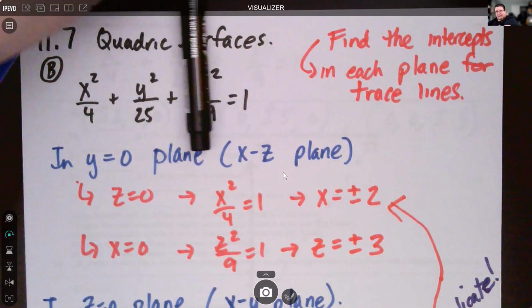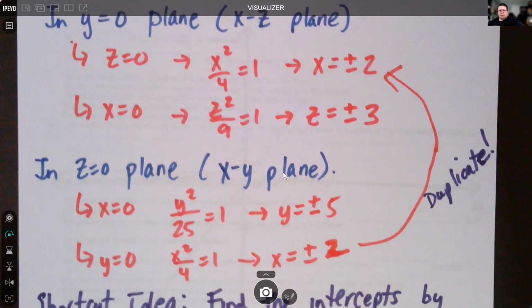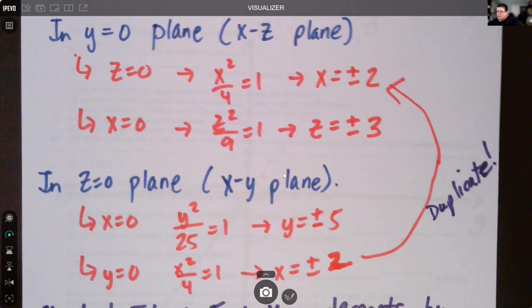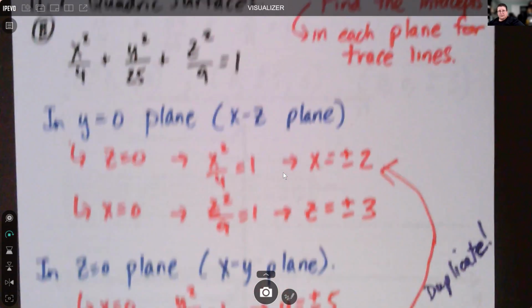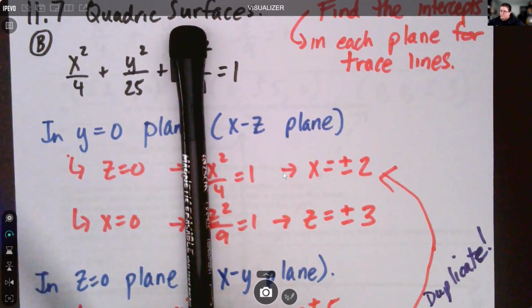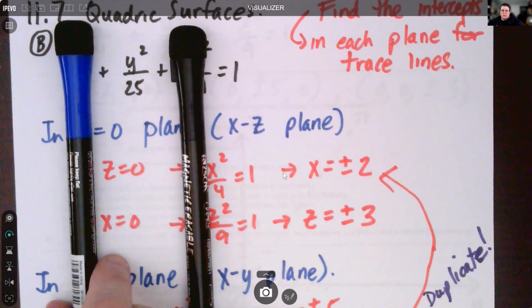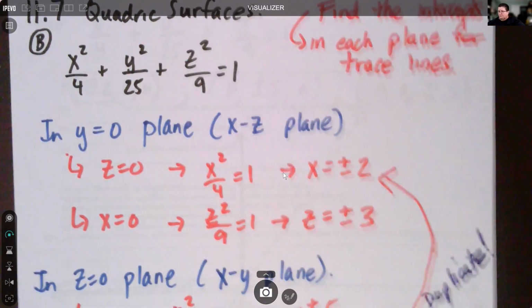If I look at the next set in the z equals 0 plane, if we do x equals 0, so we've got z equals 0 and x equals 0. I've got y squared over 25 equals 1, which I have written here.